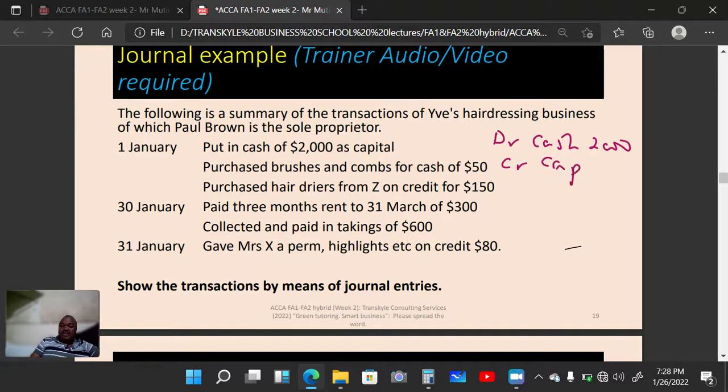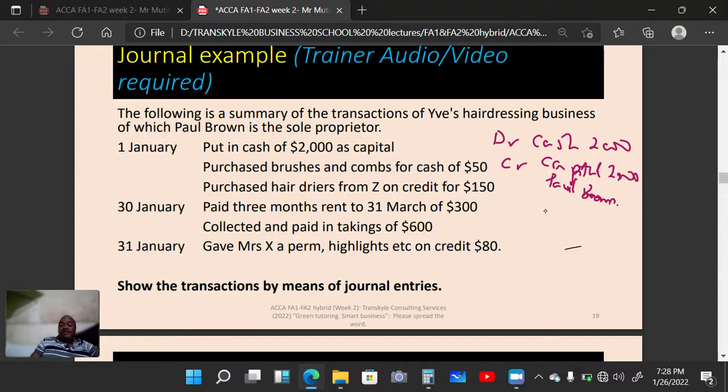Capital 2,000. In this case, since it is a sole proprietor, the capital should be Paul Brown. We're going to credit Paul Brown because he has loaned the business. Capital is a liability to the business because it's another form of a liability, but from the business owner. The business is owing Paul Brown. Like I said, the business and the owner are different people.